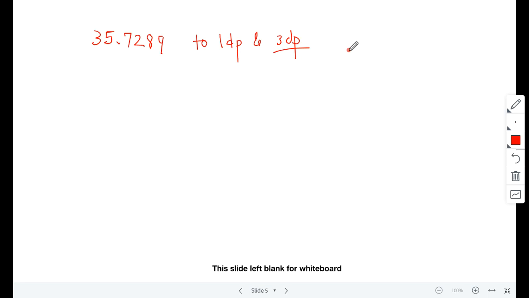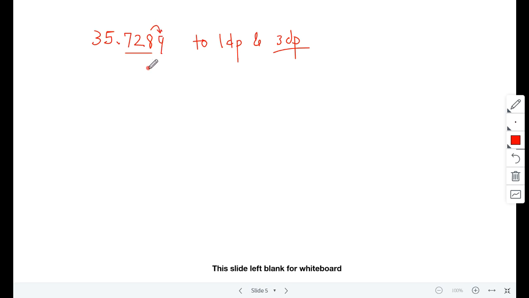See, whenever you truncate something or round off, if it's given as up to 3 decimal places, then after the third one, what is the value that you have to see? If this number is less than 5, then it's okay, your answer is 35.728.